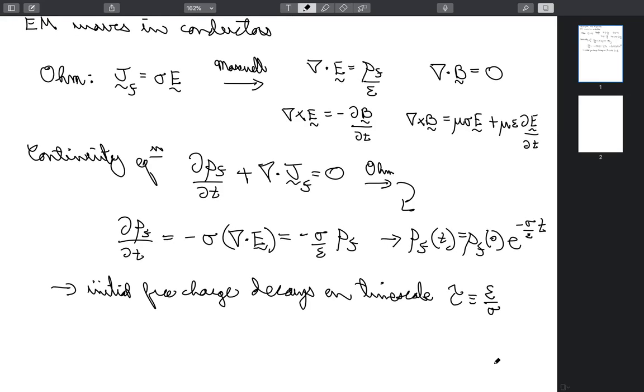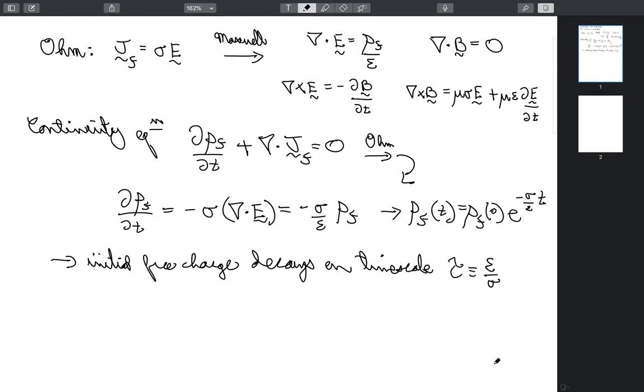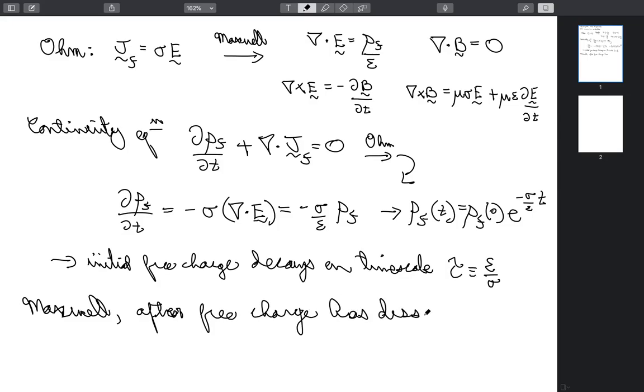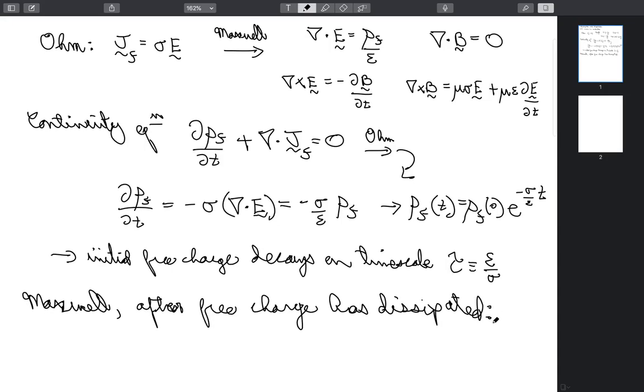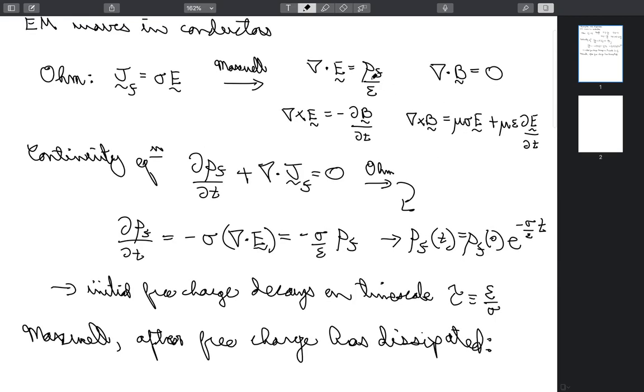Because these phenomena are so rapid, we can then reconsider Maxwell's equations after this free charge has dissipated. So, Maxwell again, after the free charge has dissipated, so what do we get? Well, essentially the same equations as above, but now the free charge is 0.